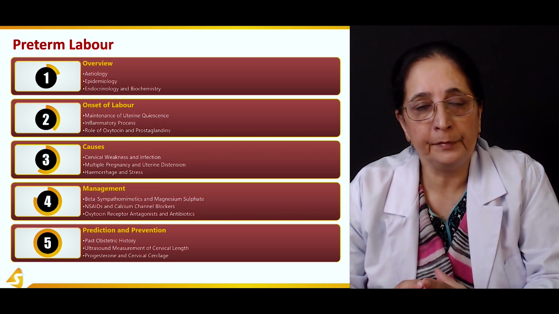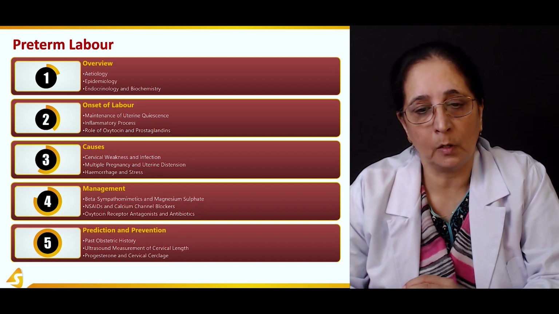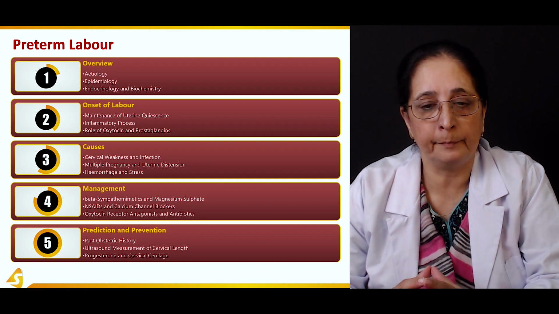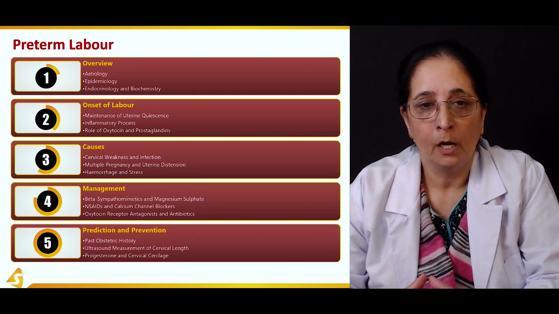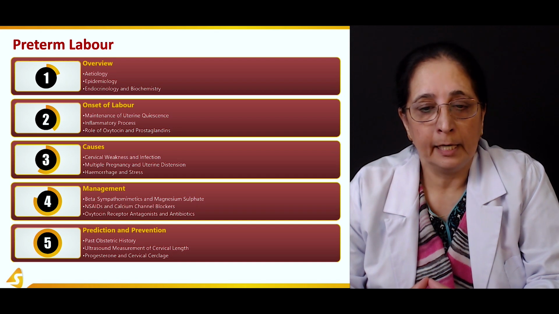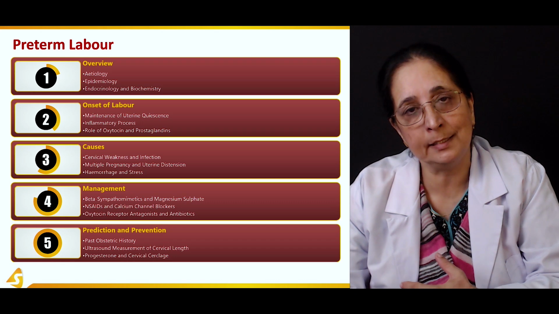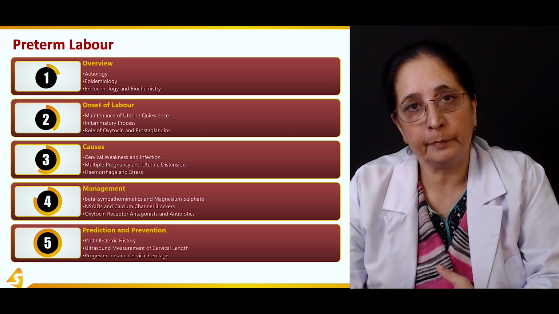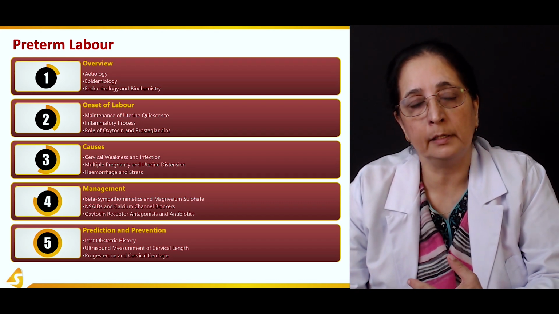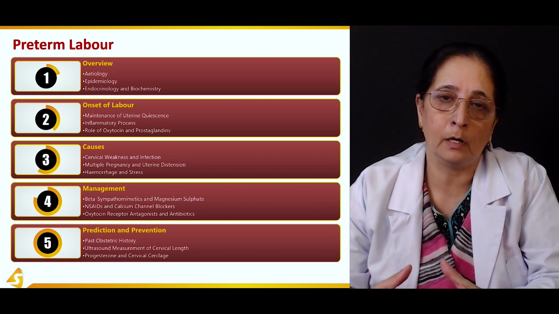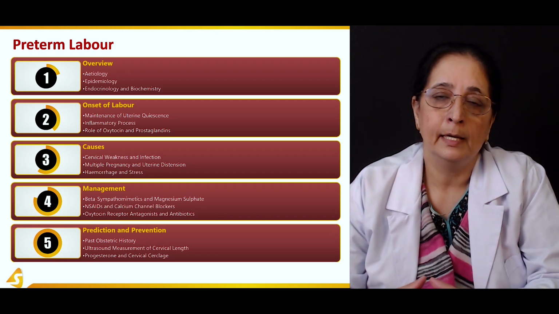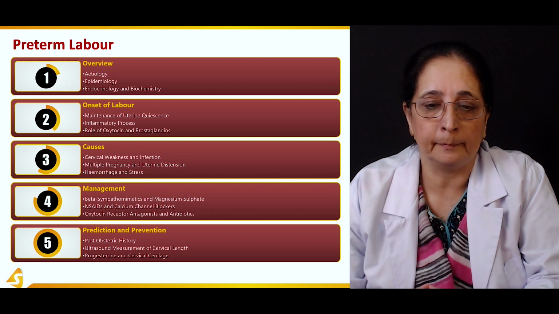And then in the fifth and final section, we will talk about some prediction and prevention of preterm labor, in which past obstetric history is important. That gives the idea if the next pregnancy or the delivery will be preterm, or what are the chances of its being preterm.